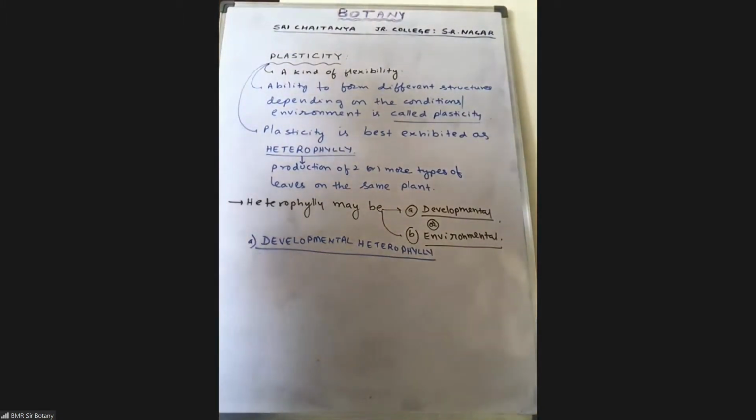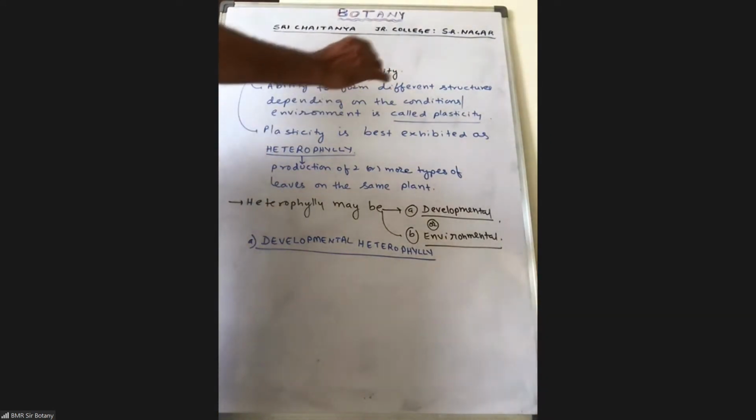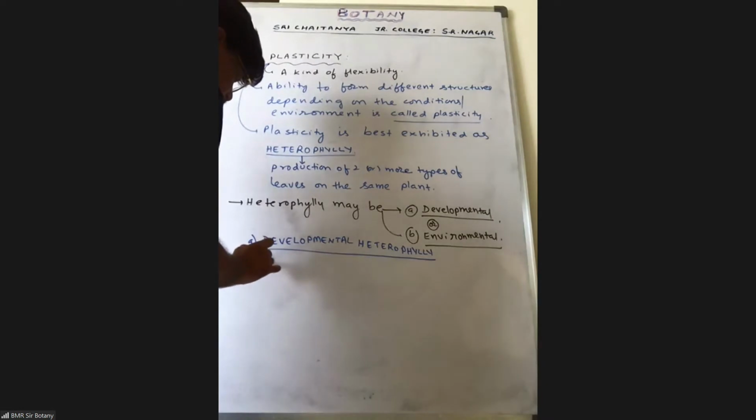First let us take production of two or more types of leaves at different stages of development.